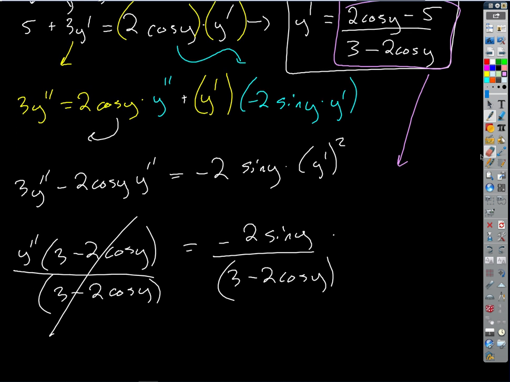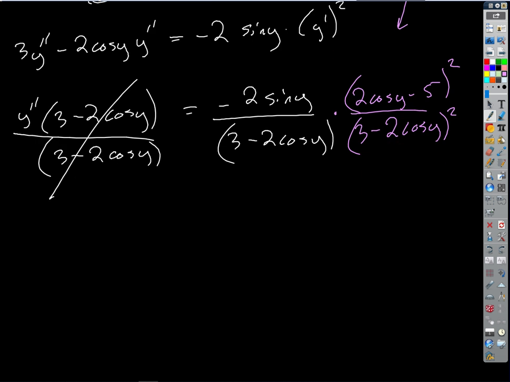So when I multiply this whole thing by y prime squared, I'm just multiplying by 2 cosine y minus 5 squared over 3 minus 2 cosine y squared. And look what I get here. 3 minus 2 cosine y times 3 minus 2 cosine y squared is what on the bottom? There you go. Right.